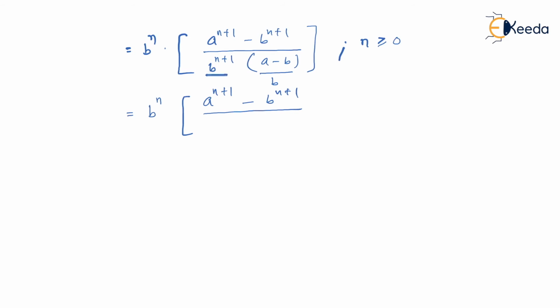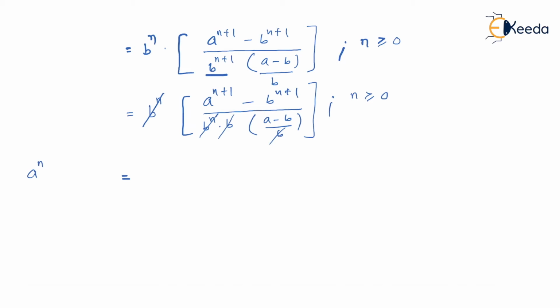I can write b to the power n plus 1 as b to the power n dot b, and here we have a minus b whole divided by b, applicable only when n is greater than or equal to 0. So here as you can see, b to the power n, b to the power n get cancelled. Your b gets cancelled. What is remaining?